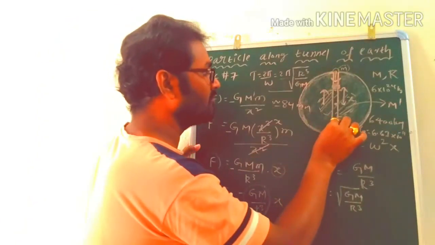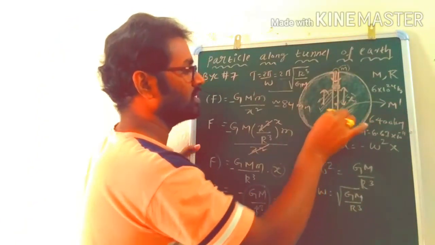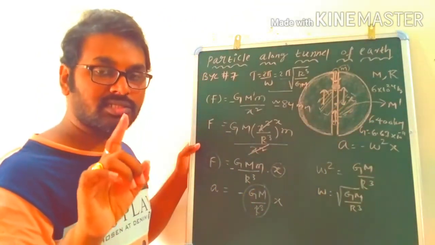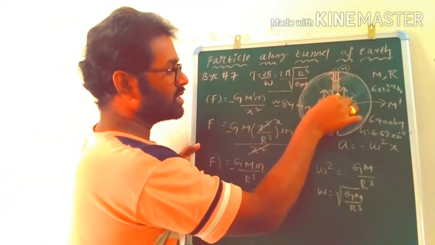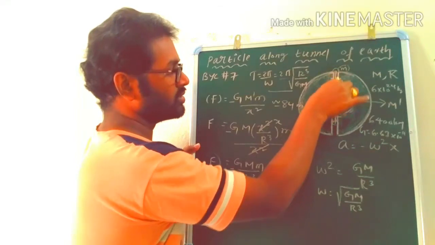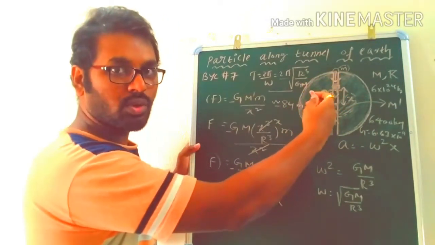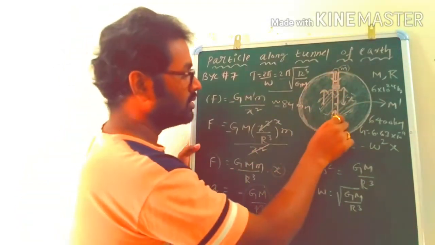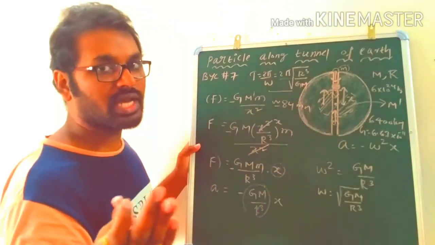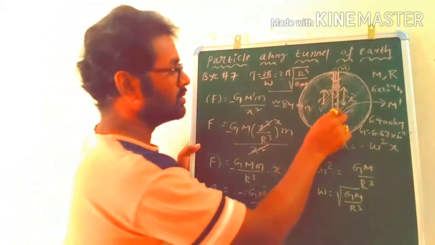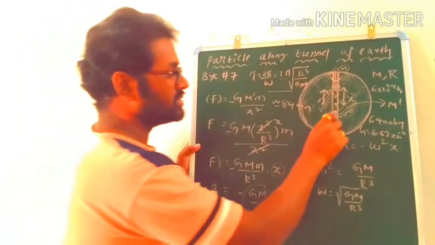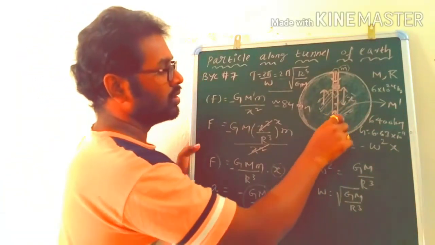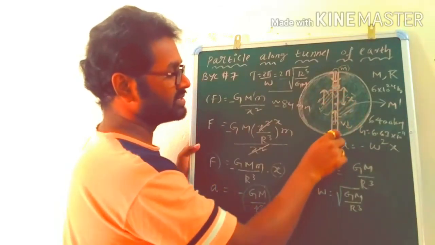Again the gravitational force reverses its direction, whose direction is always toward the center of the earth. Once it crosses the center of the earth, its gravitational force direction is reversed because the center is on the left side of the particle, and it is attracted towards the center, and its velocity gradually decreases.